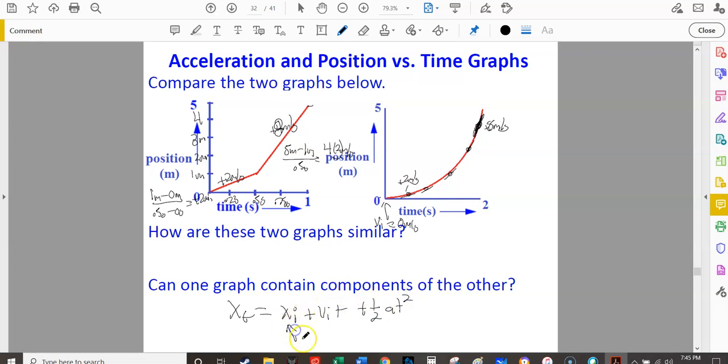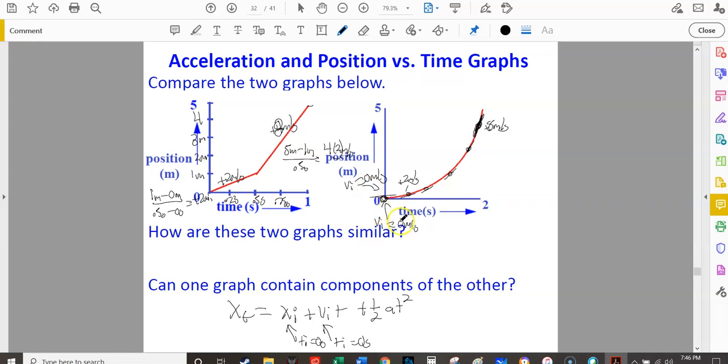This is the initial position at time 0, and this is the slope at time 0. So its initial position is 0 at time 0, and it has an initial slope of 0 at time 0.